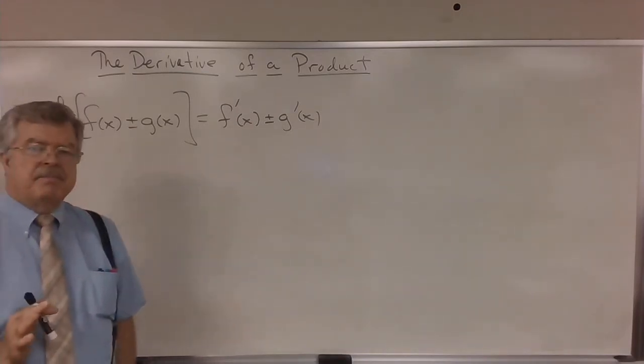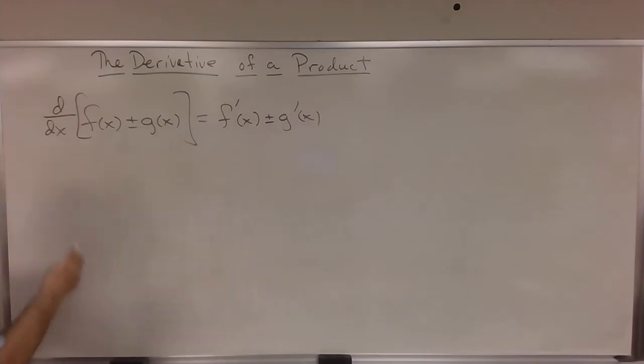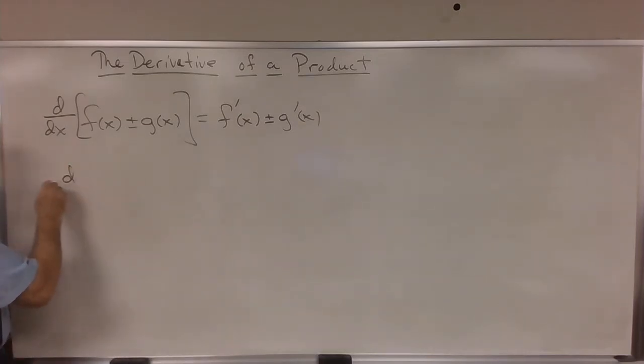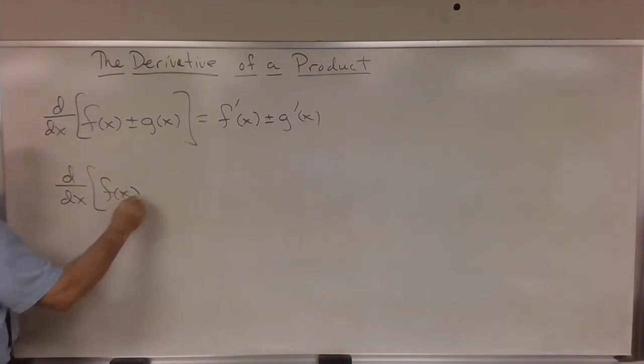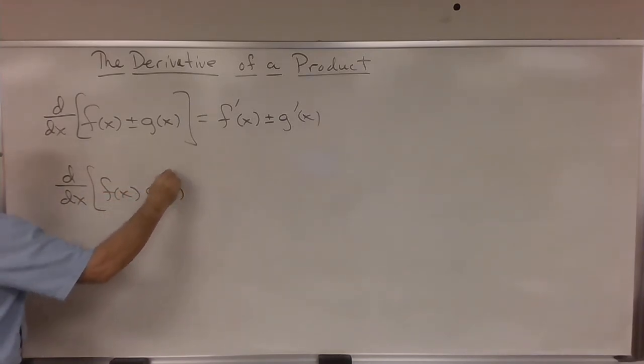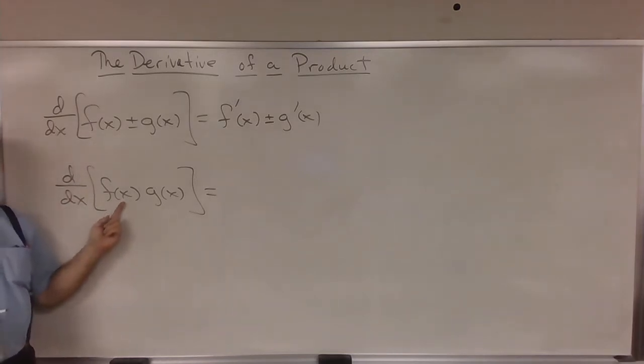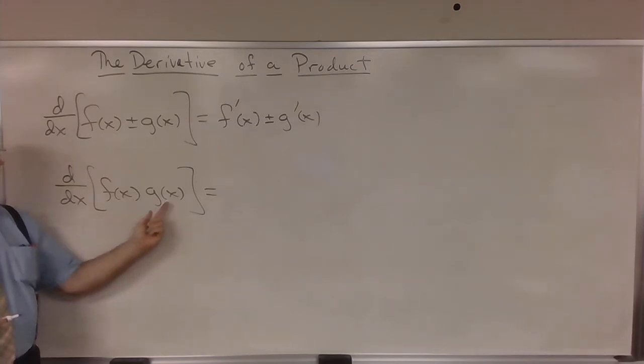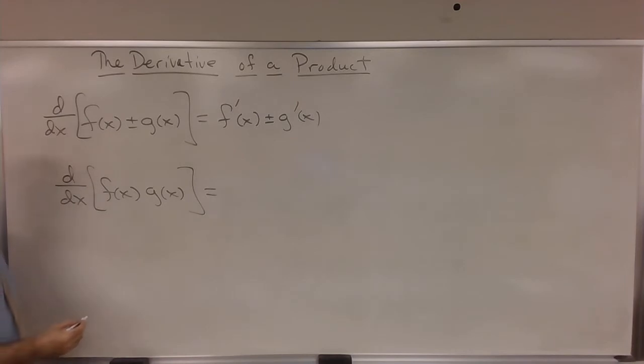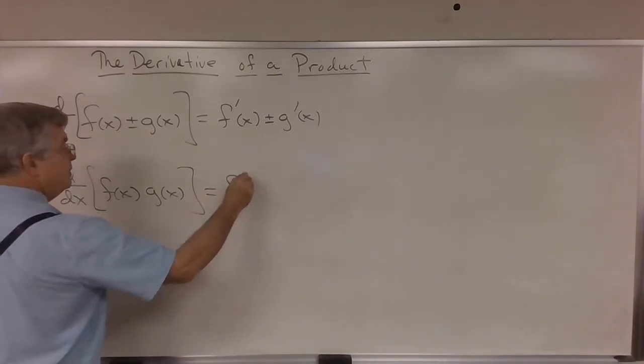So it would be a reasonable conjecture for us to say that if we have the derivative of a product, then the way we compute the derivative of a product is we compute the derivative of the first factor, then compute the derivative of the second factor, and just multiply them together. And pretty much do it this way.